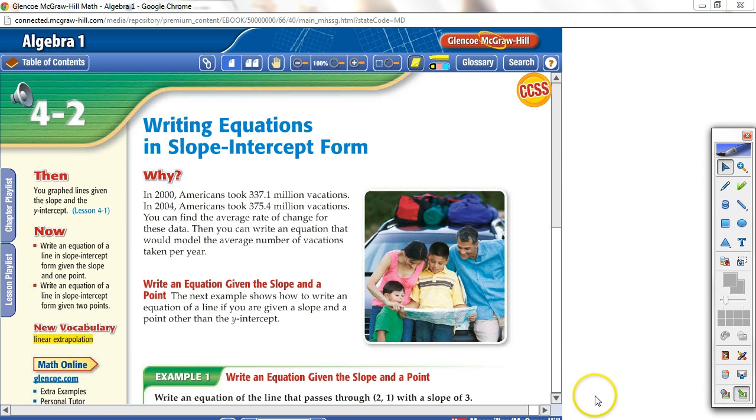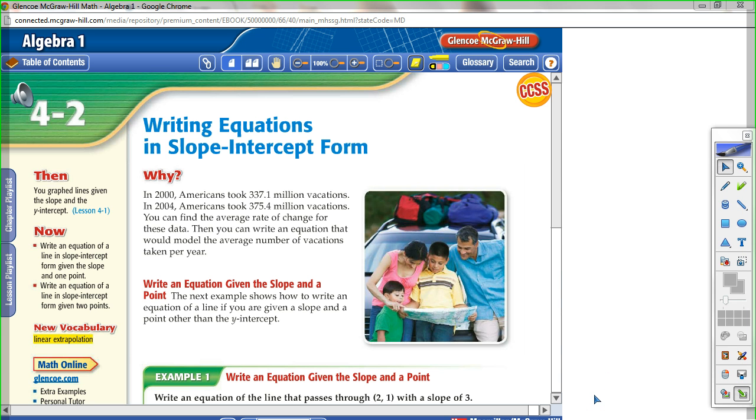So a quick review from section 1. Slope-intercept form you can write as y equals mx plus b, where your m here represents your slope, and your b here is your y-intercept.